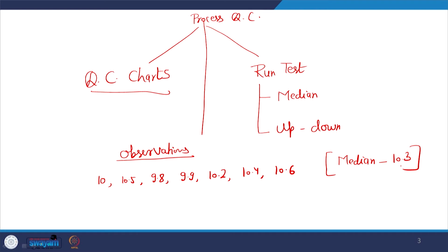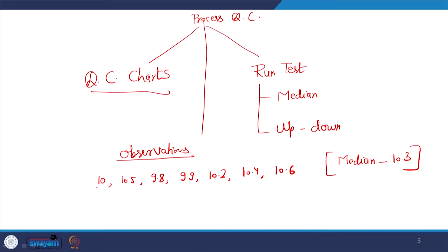There will be a few observations which are above the median weight, and a few which are below this median weight, and based on that I will decide how many runs there are. For example, if you see, this is below the median, this is above, this is below, all these are continuously below, and all these are above. So, that is how I will decide how many runs there are.